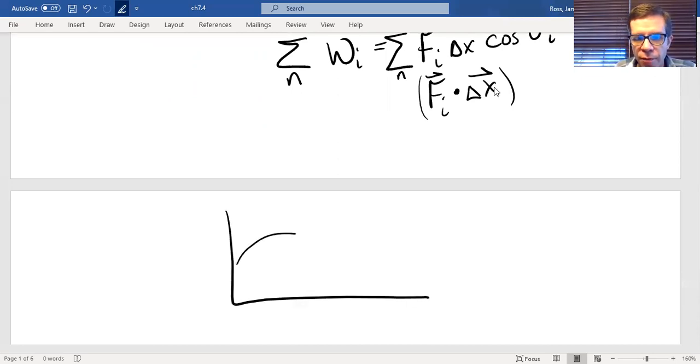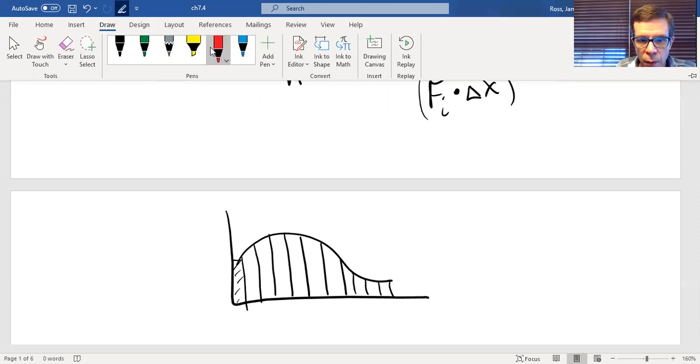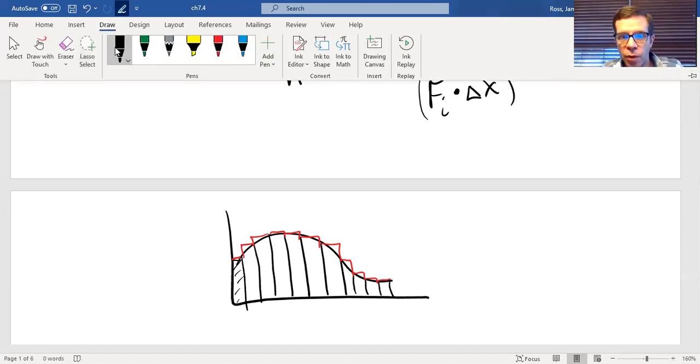If I have some graph, I break it into segments and I calculate an approximate area under each of those segments. And I add up each of those segments, right? This is what we're talking about here.